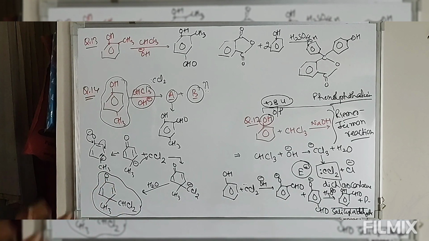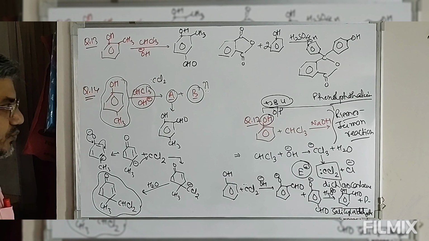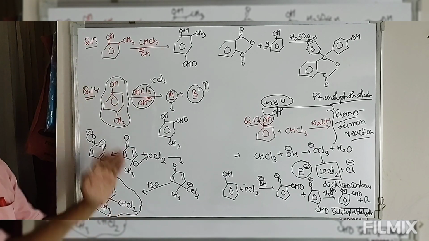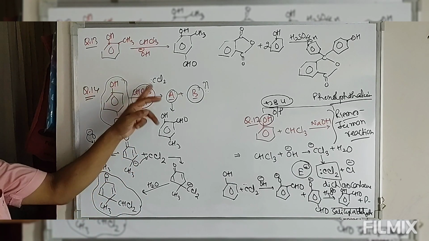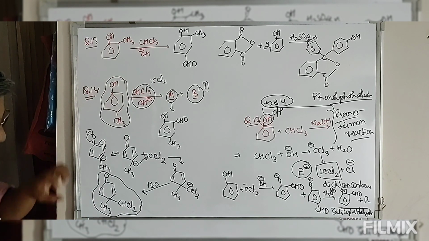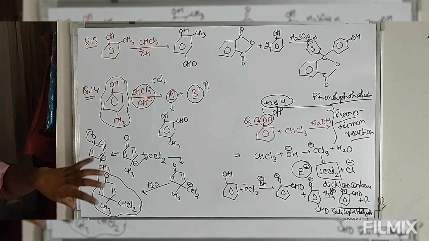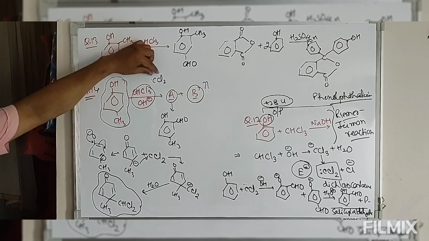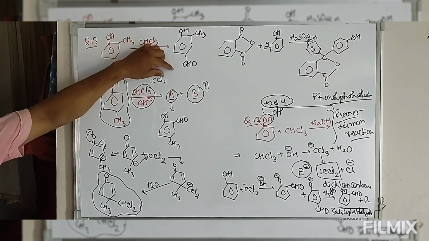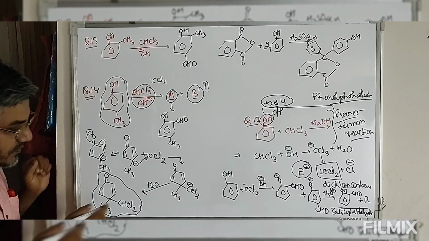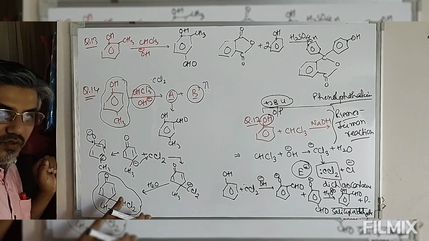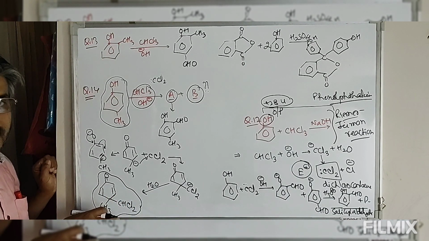The formation of this abnormal product again proves that this reaction might have gone through the formation of dichlorocarbene. In fact, isolation of this compound proves that the electrophile in this reaction is dichlorocarbene. This compound does not undergo hydrolysis because of the steric hindrance.